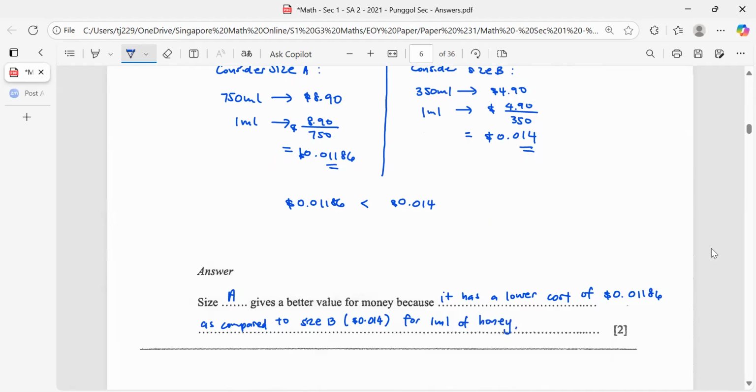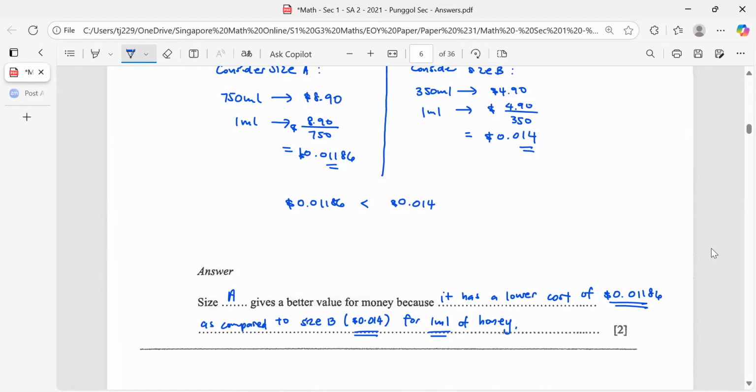Okay, yeah. So I think that it will be helpful for us to actually list down the cost itself as well as what we are comparing it to. In this case, it's a comparison of 1 milliliter of honey.